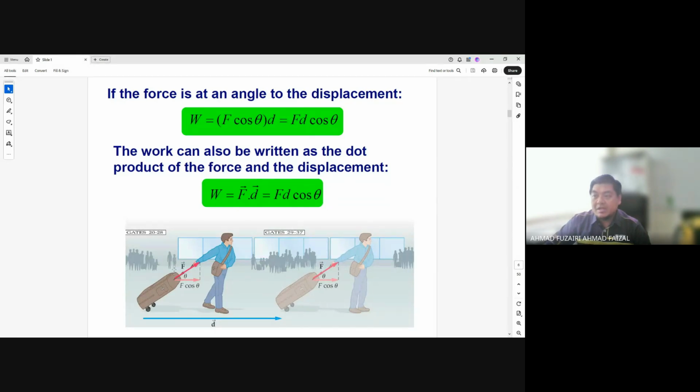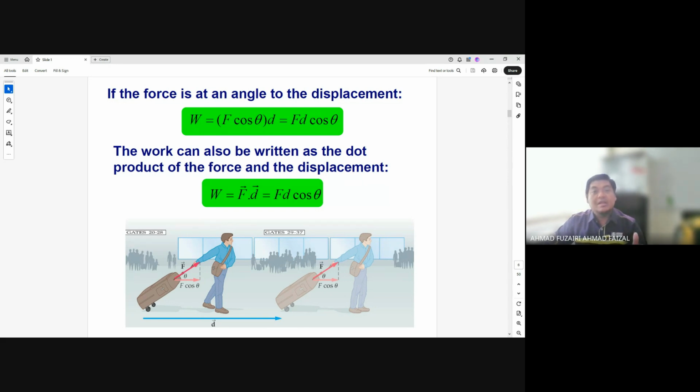But F sin theta goes along the y-axis. If we multiply F sin theta by D, it doesn't follow the rules for work, because work should use the component of force that is parallel to the displacement.